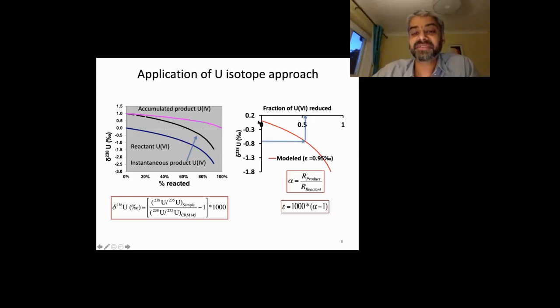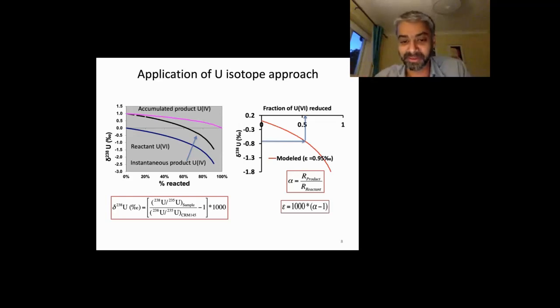The fractionation factor connects the isotope ratios with how much uranium is reduced. So from the water sample, we can get the value of how much uranium is reduced when the sample was collected. I mean, it's not particularly a good approximation, but this Rayleigh type distillation works for aquifers to some extent.